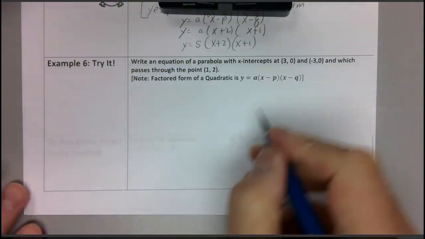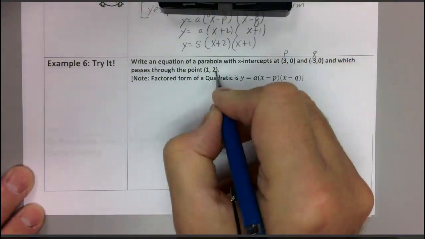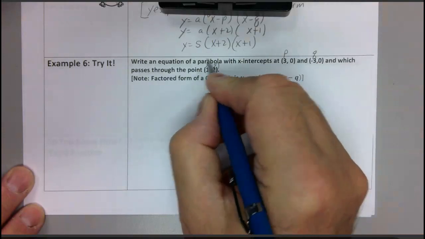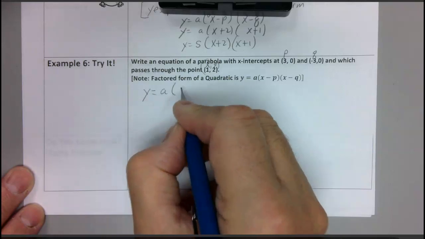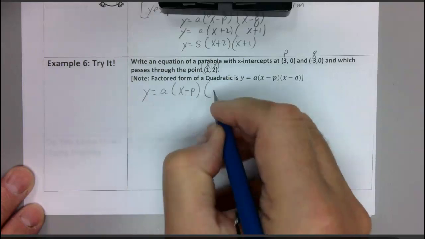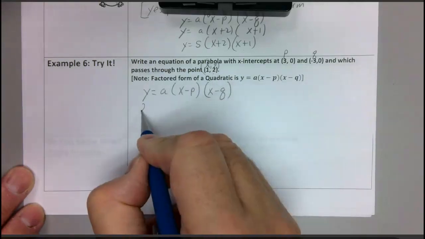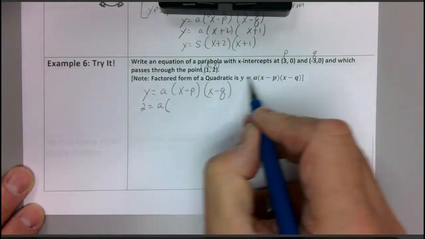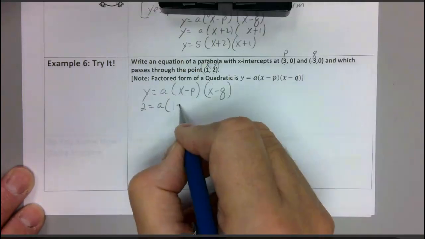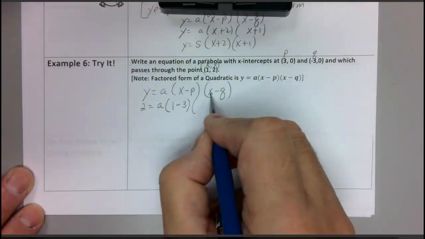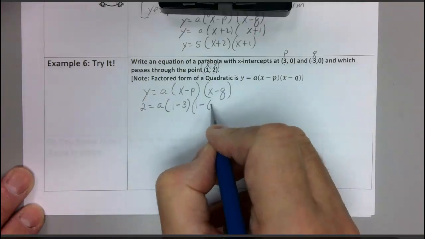Okay, x-intercepts, this is p, this is q, this is x, this is y. So our factored form is this. Again, I'm going to have to find a. So y is 2, a is my unknown, x is 1, minus -3, and then 1 again, x is 1, minus -3.